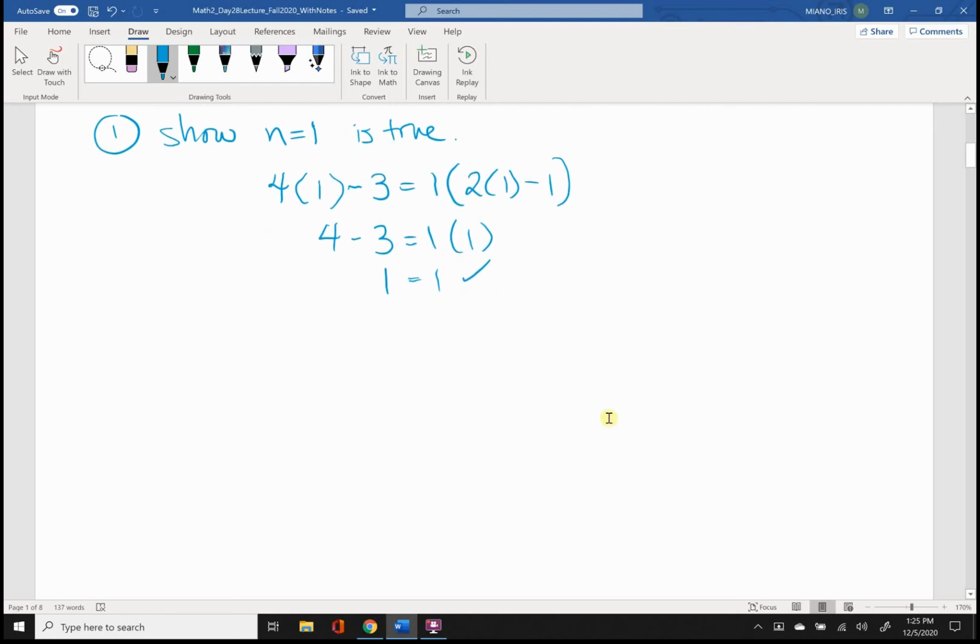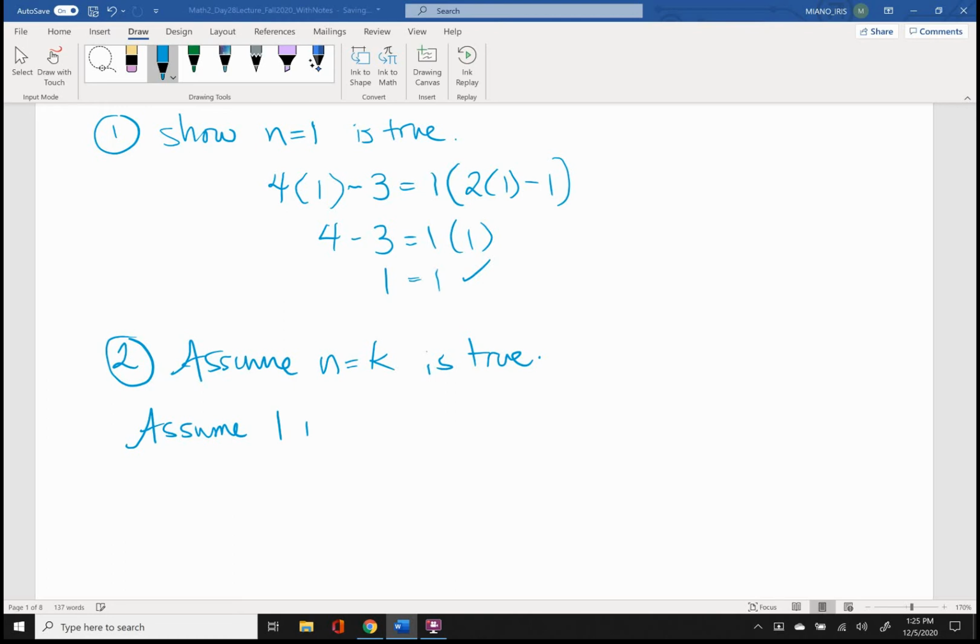Now step 2 is where you're going to assume n equals k is true. What does that look like? Specifically, we're going to assume and then write what the relationship looks like, replacing all n's with k's.